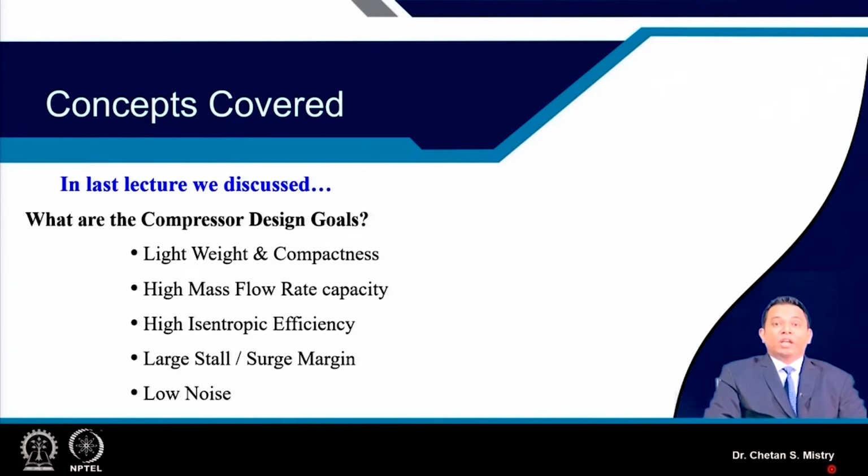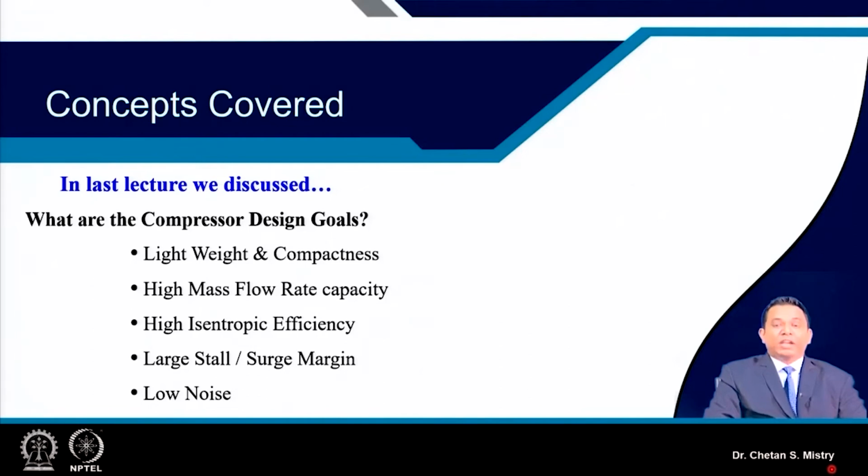But remember, for an aero engine we are looking for thrust, that is our major parameter. And for a land based power plant, we are looking for power generating capacity in the sense of megawatts. So both aspects are different. We need to address them individually as per the requirement.